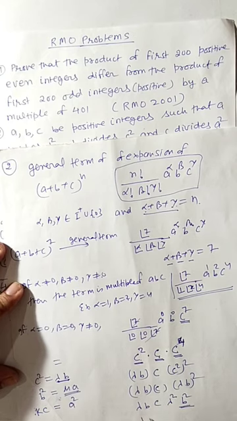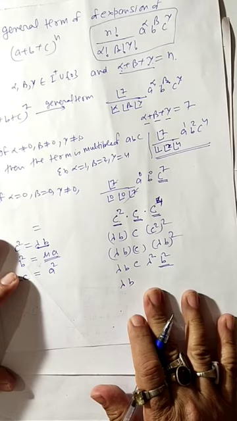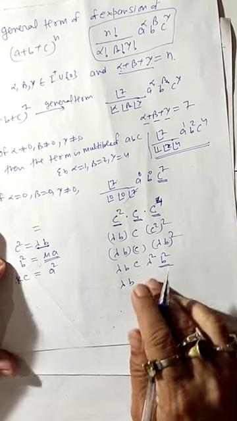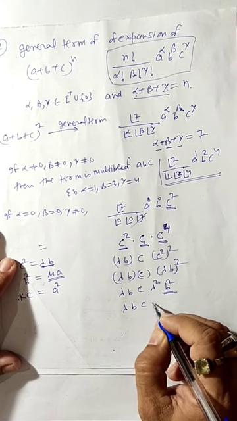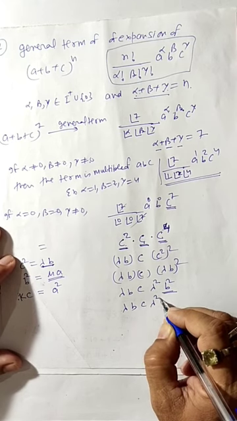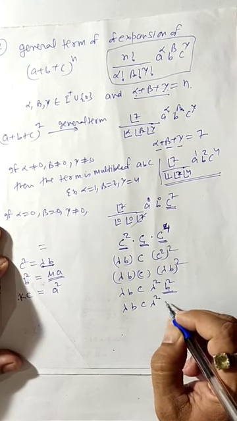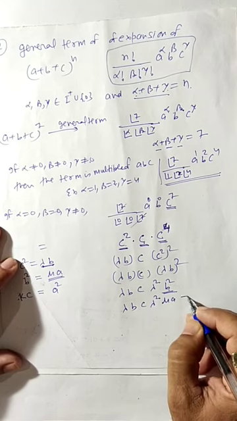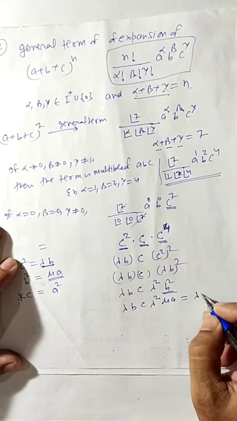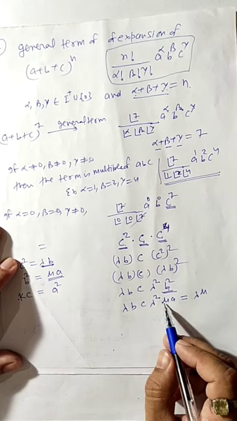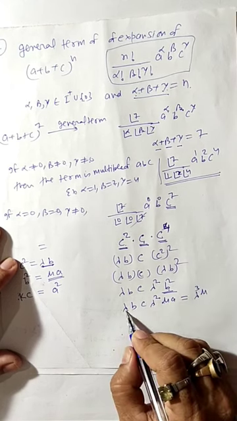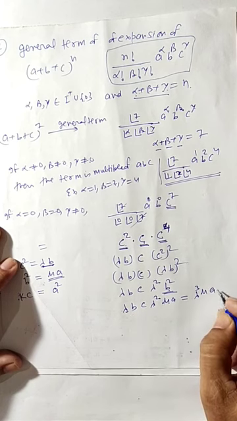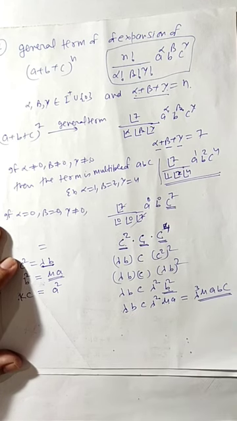So lambda b into c into lambda square into mu a. So your answer will be lambda cube into mu into abc. So it is divisible by abc.